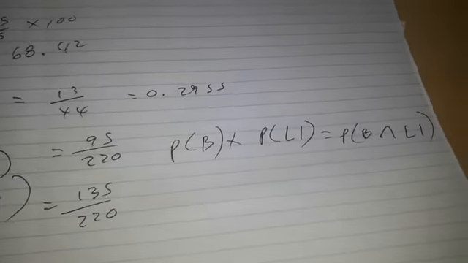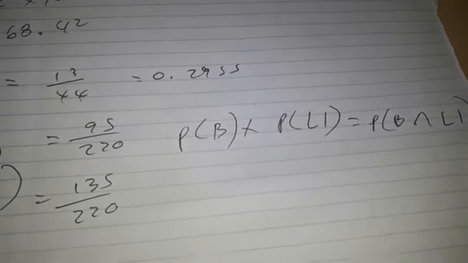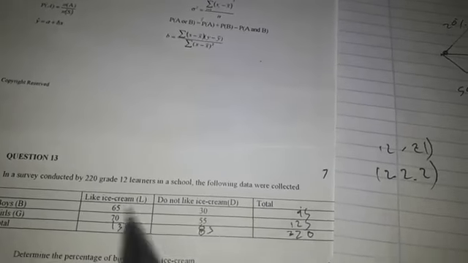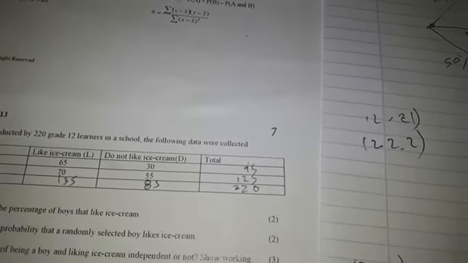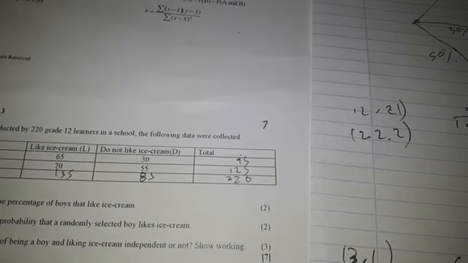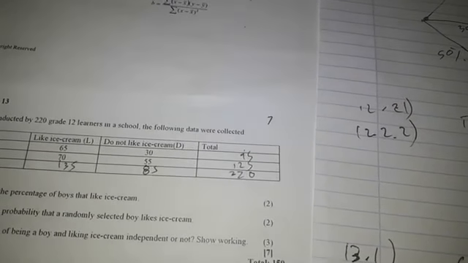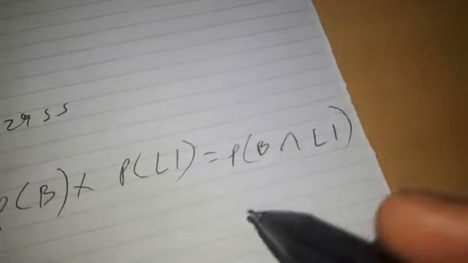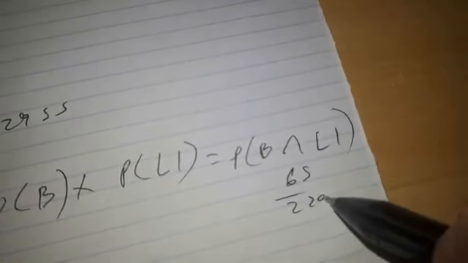If this balances, then we're dealing with independent events. So we can just look at our table. The probability of being a boy and liking ice cream is 65 over 220.